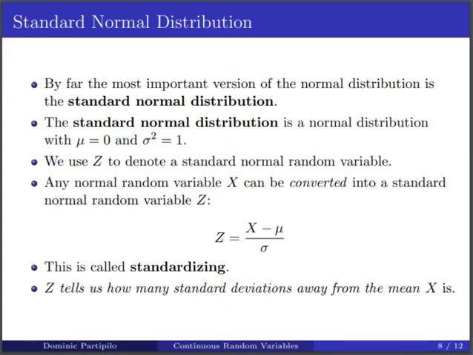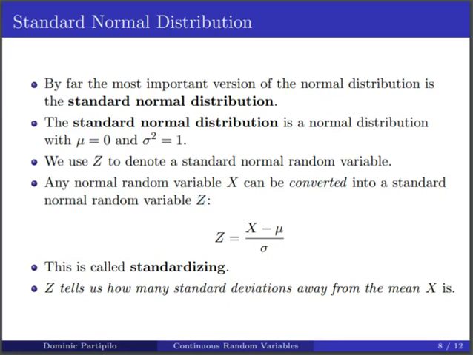So that very famous distribution that I was talking about a few moments ago is called the standard normal distribution. And this is a normal distribution with a mean of 0 and a variance of 1. We use z to denote a standard normal random variable. So the nice thing about this is that we can take a normal random variable, which we can call x, and we can convert it into a standard normal random variable, which we're going to call z.